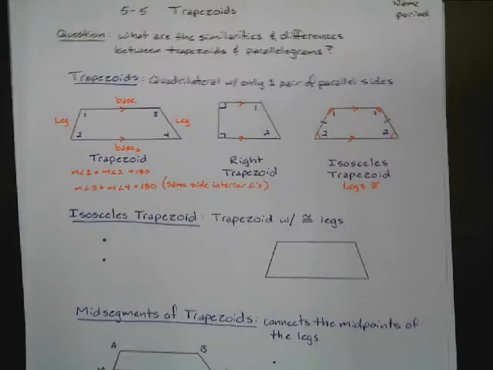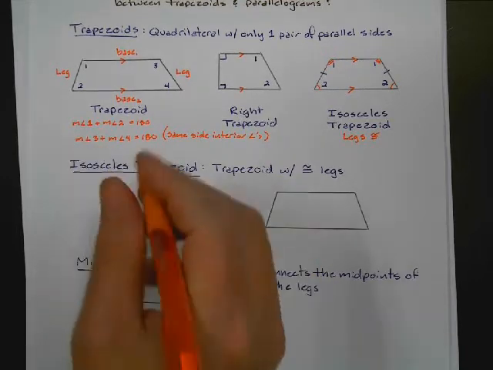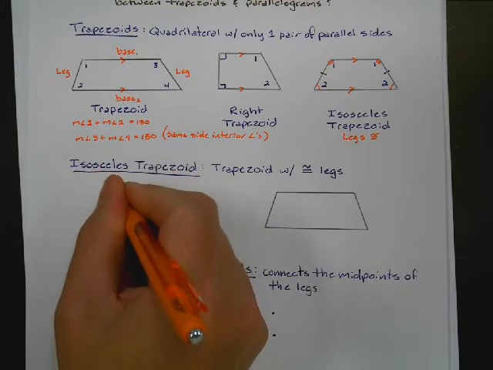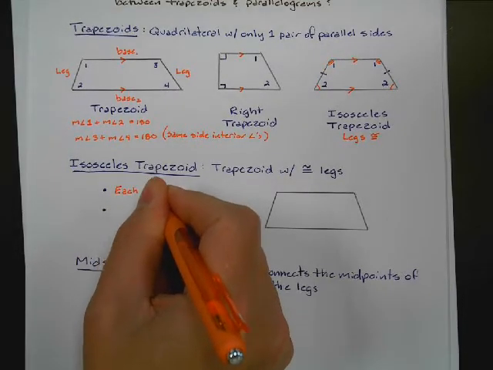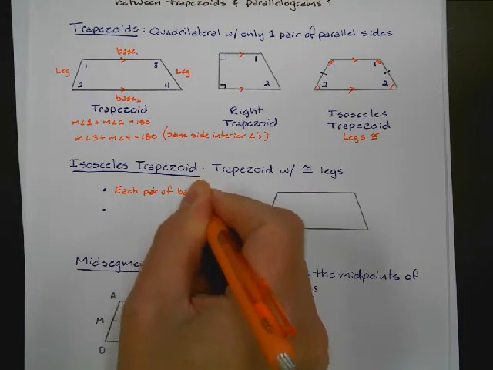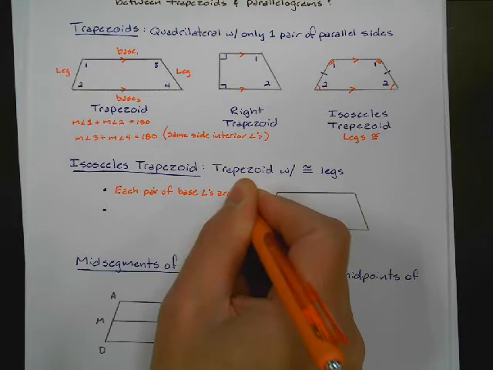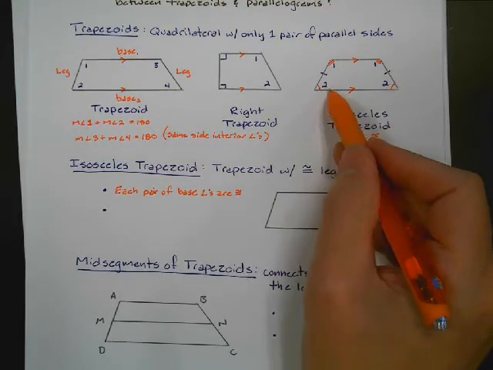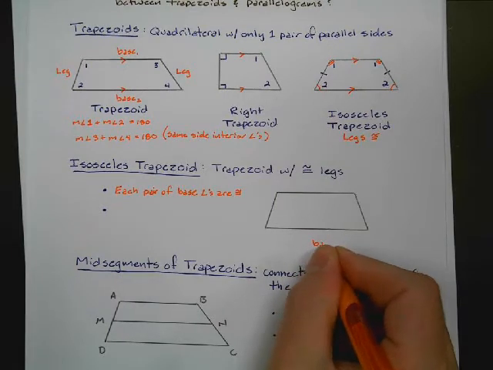All right, so let's look at some of our properties of an isosceles trapezoid. Property number 1, each pair of base angles are congruent. So that's what we're saying up here, is that here's one of my bases down here, so this is a base down here.